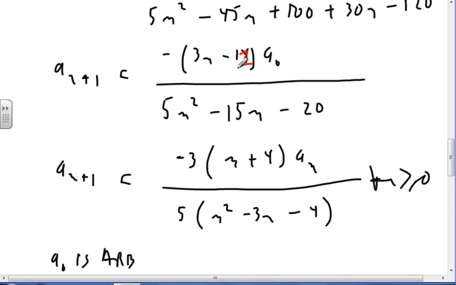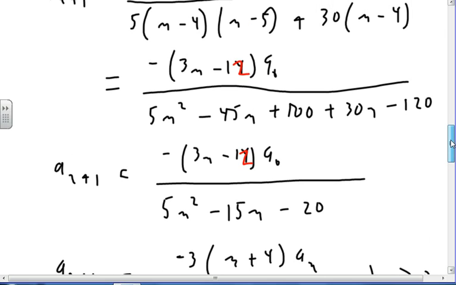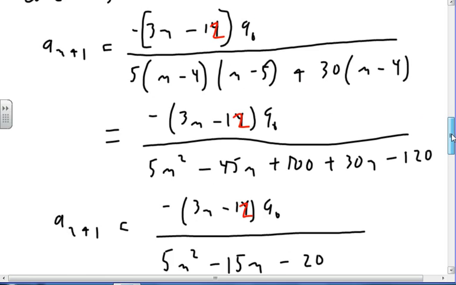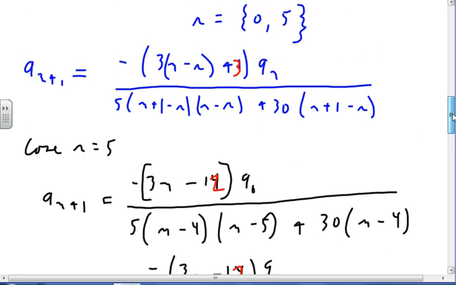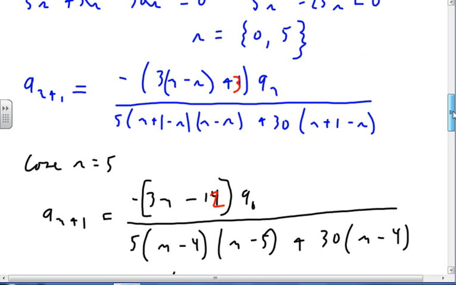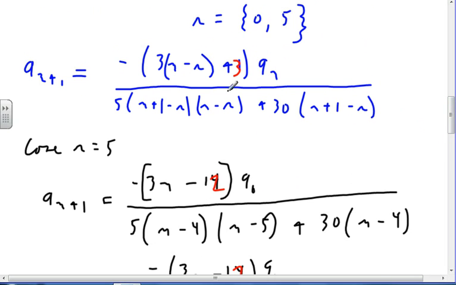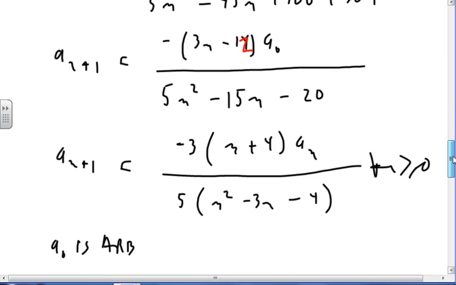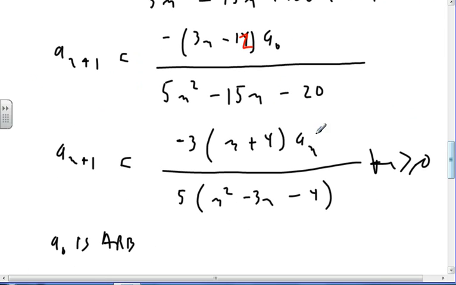It's a minus sign there. It's a minus sign here. It's a minus sign there. It's a minus sign there. Okay, so this has to be a minus sign there. This has to be a minus sign.